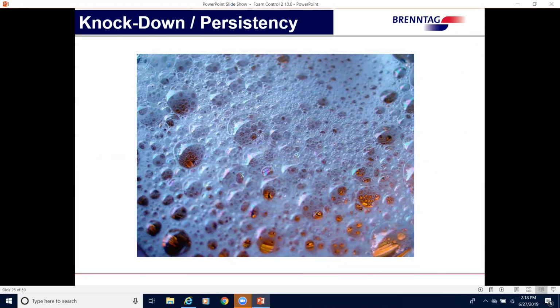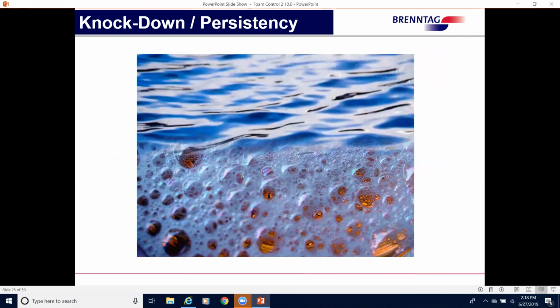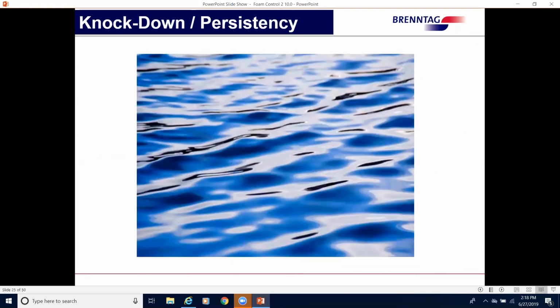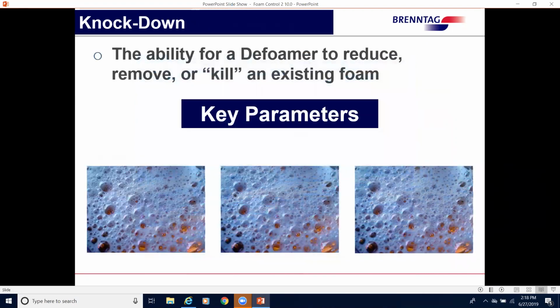So, knockdown and persistency. These are a couple of the key terms you'll hear about when we're talking about defoamers. If you ask which one's more important, most folks would probably say both. The next couple of slides cover these two terms. Knockdown, by definition, is the ability of a defoamer to reduce, remove, or kill an existing foam.